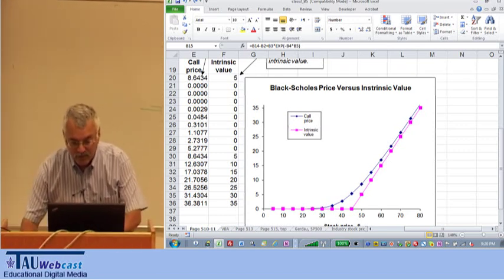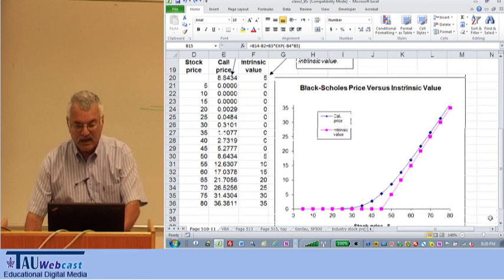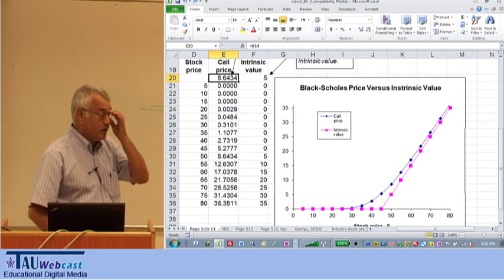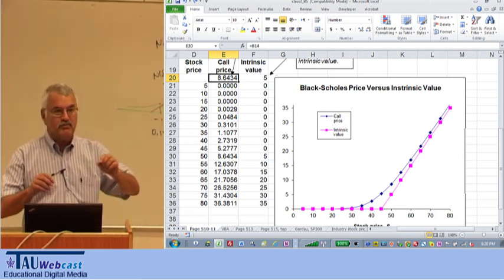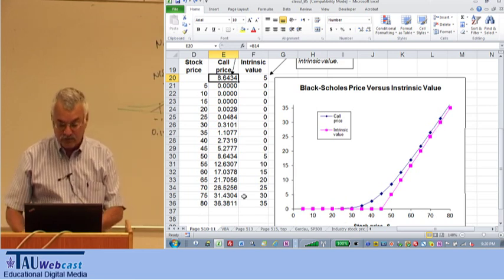Now, one of the miracles of Excel is I can just change my definitions a little bit and produce the same graph for a put. So what's a data table? You reference the initial example. Here, I reference the call price.